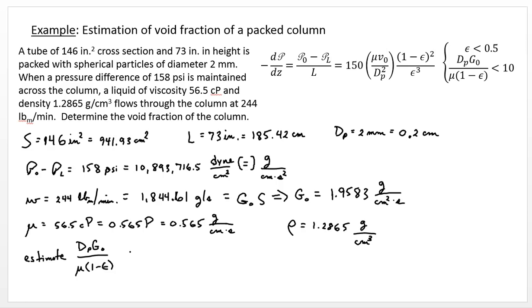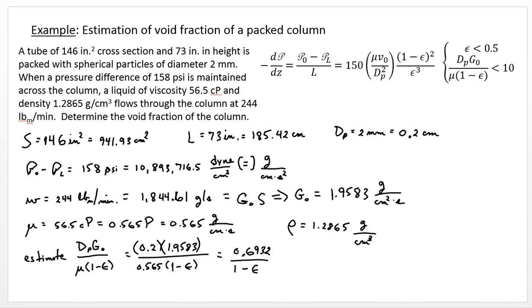And so this is equal to 0.2 for dp. G naught is 1.9583. Mu is 0.565. Times 1 minus epsilon, and so we get 0.6932 divided by 1 minus epsilon.